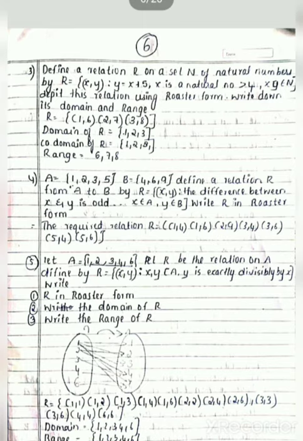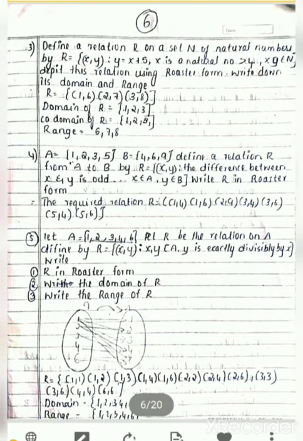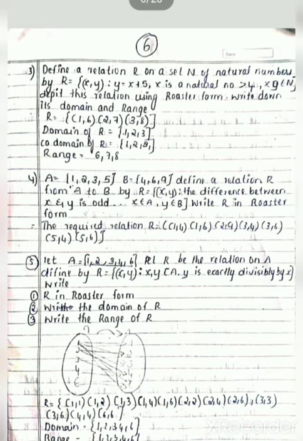If you take 1, 1 plus 5 is 6, so (1, 6) belongs to R. If you take 2, then 2 plus 5 is 7, so (2, 7) belongs to R. Then (3, 8). The numbers are less than 4, so only 1, 2, 3 should be considered. Then write the domain and range.